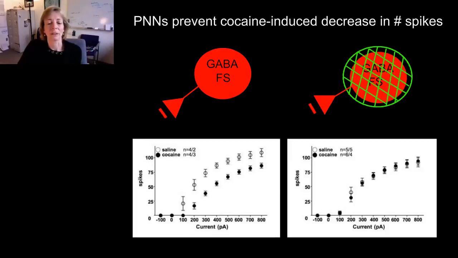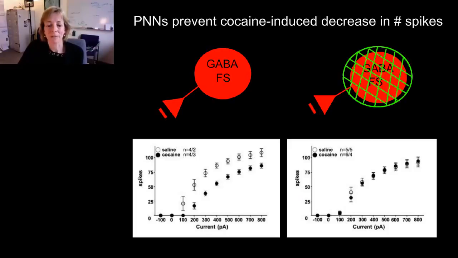So basically, cocaine treatment just a single day and 2 hours later decreases the number of spikes. However, you see on the right-hand side, the same number of spikes, in other words, no differences between saline and cocaine-treated animals. So it appears that PNNs prevent the cocaine-induced decreases in the number of spikes.